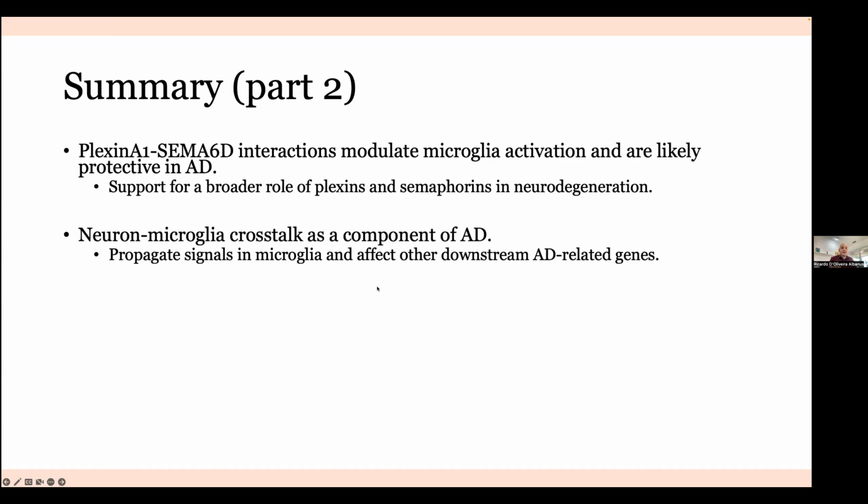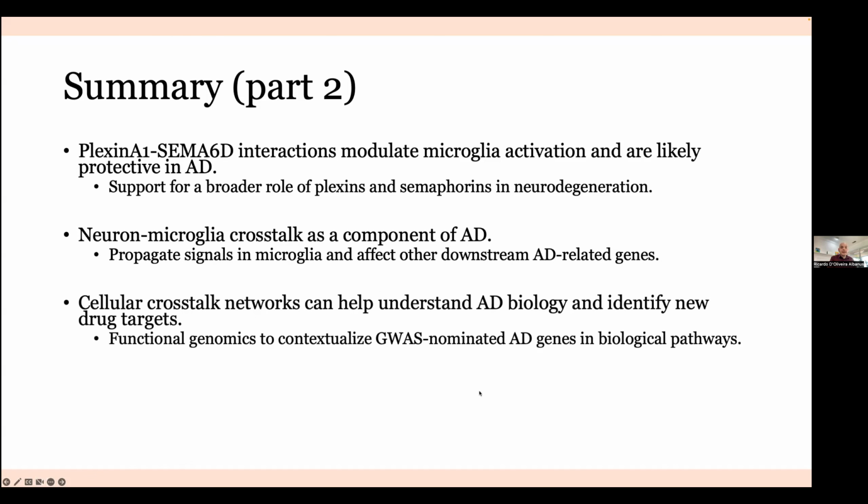We identify neuron-microglia crosstalk as an important component of Alzheimer's disease, which can propagate signal in microglia and affect other downstream AD-related genes. And more broadly, the cellular crosstalk network approach can help understand the biology of Alzheimer's disease and other neuropsychiatric traits and identify new drug targets.